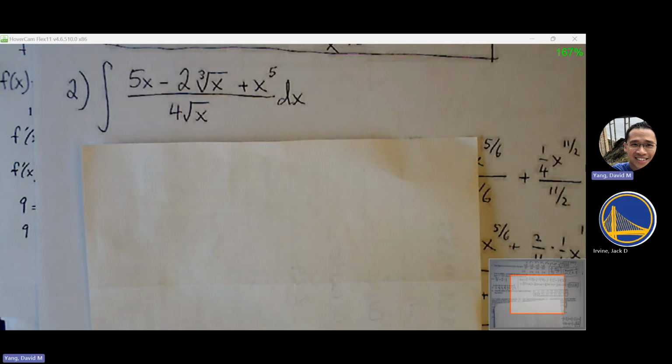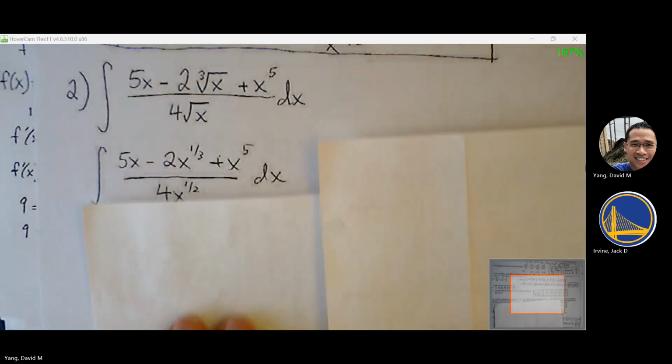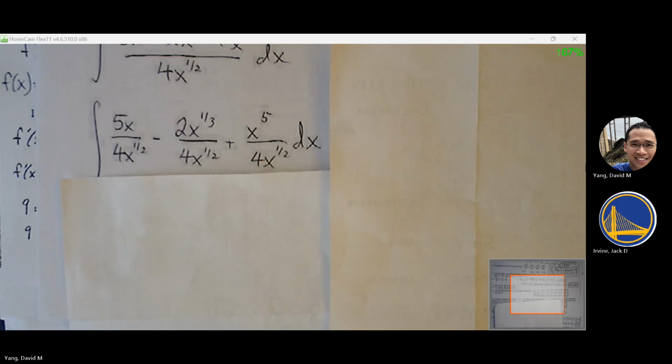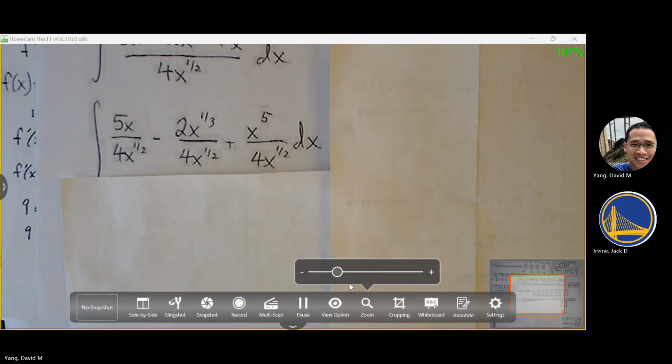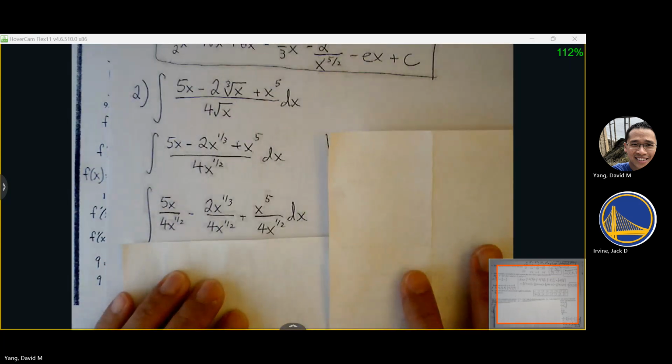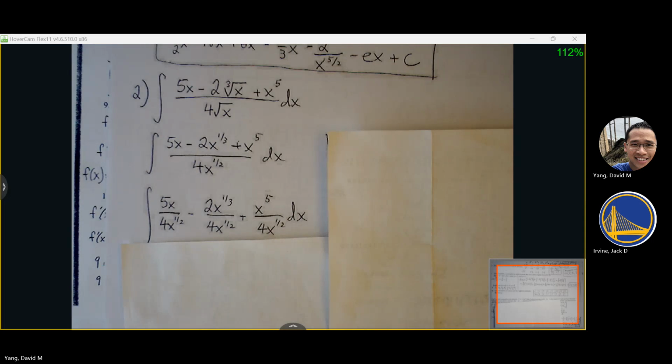So power rule, that split up into individual fractions. So I'm taking the time to rewrite radicals as rational exponents, and I'm also splitting them up into individual fractions.